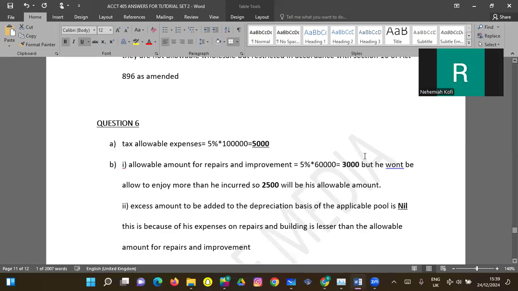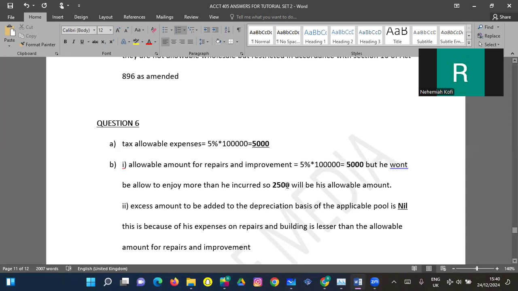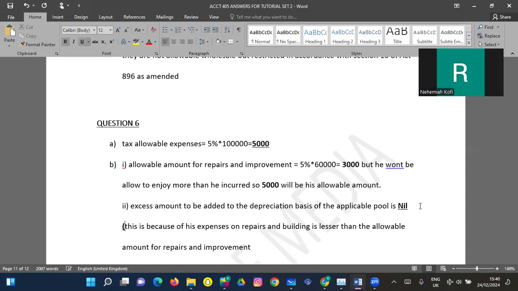So if the actual expenses incurred was 5,000, then the excess amount to be added is 5,000 minus 3,000, which is 2,000.